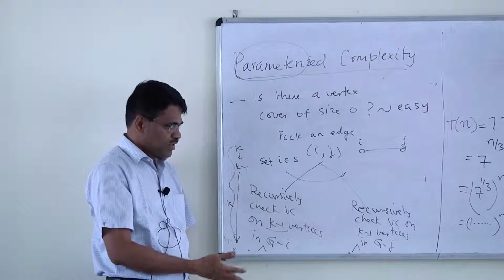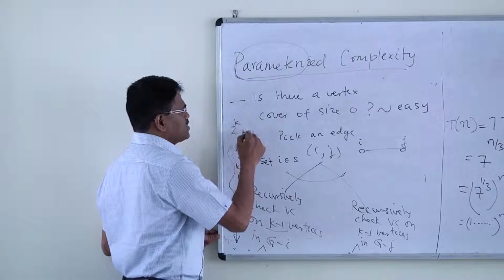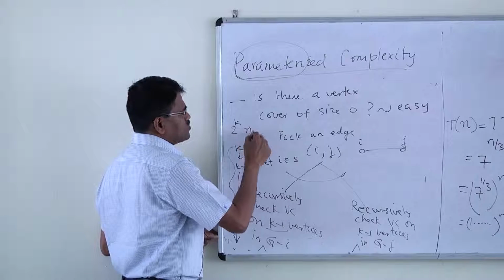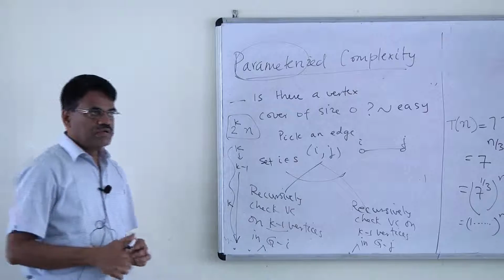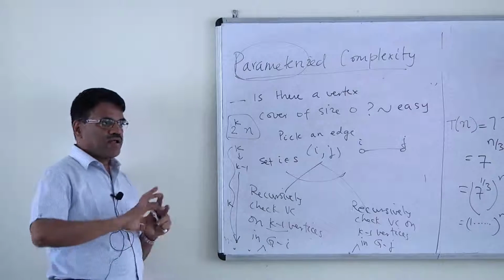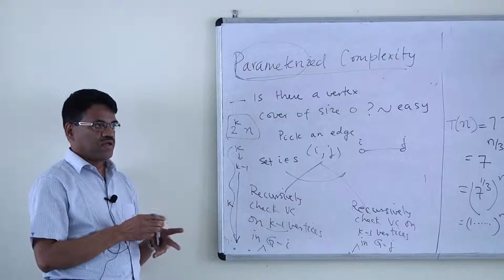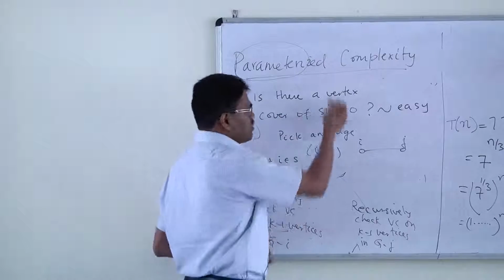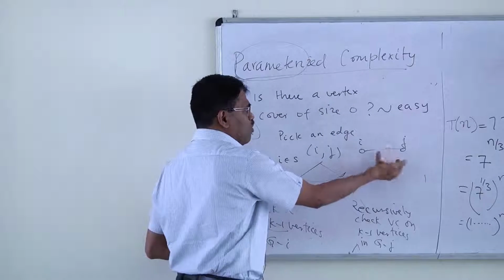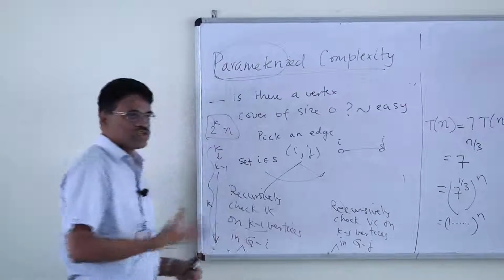With a careful analysis, the overall running time is like 2 to the power k times n. This is a much better algorithm than trying all possible subsets of size k, which is like n to the power k, simply because here we have this extra structure of the problem, which tells you that I can't omit both i and j; one of them must be in the cover.